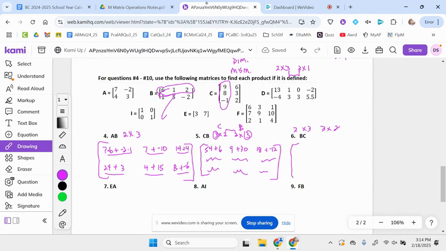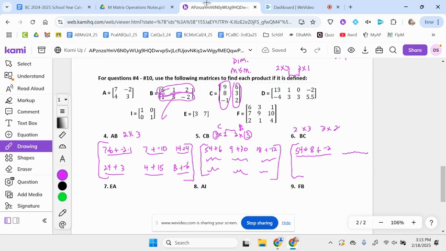Here's what it would be. Maybe I'll start it off. How this works then: B times C, rows of the first times columns of the second. B rows, C columns. 6 times 9 is 54, plus 1 times 8 is 8, plus 2 times -1 is -2, and you did get one number out of that. And then you take this row times this column, number plus number plus number.